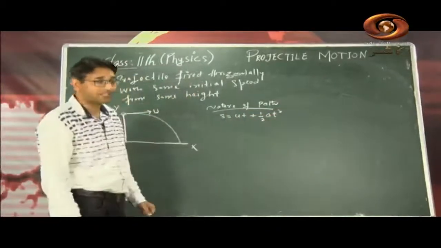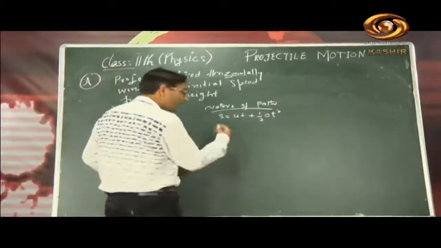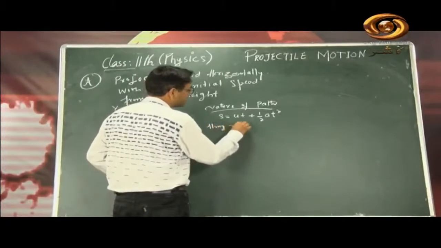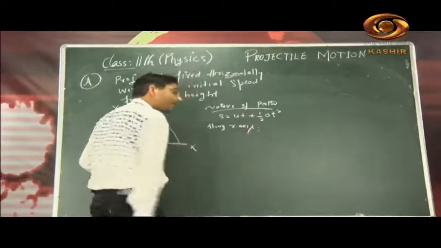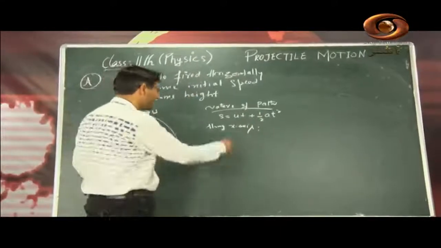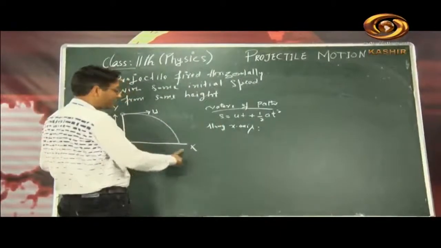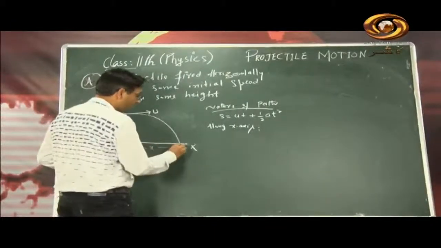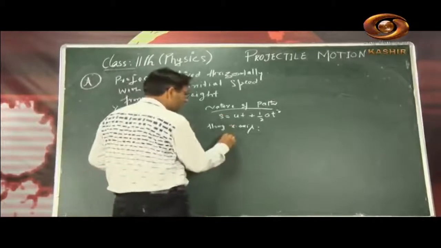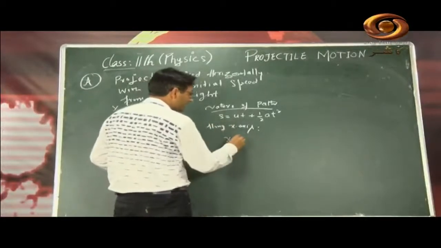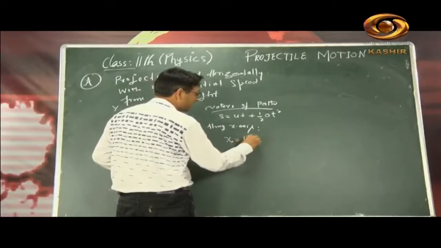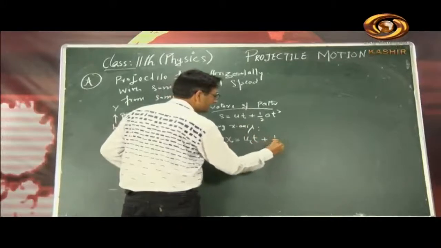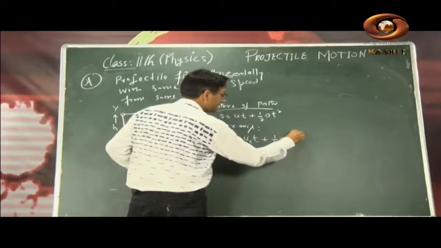Everybody knows it from class 9th. I will take this along the x axis. If we take this equation of motion along the x axis for the projectile, what equation do we get? If the displacement covered by the projectile along the x axis is named x, then this is the initial velocity along the x axis, so u_x t, plus half of a_x, the acceleration along the x axis, t squared.